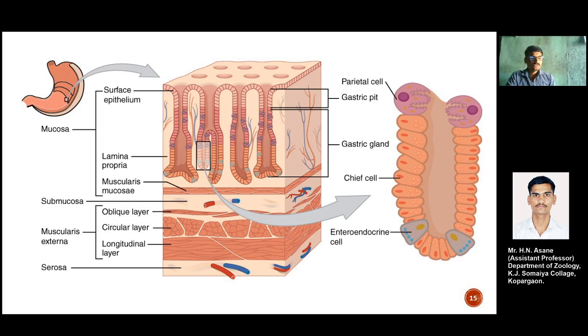So the function of the chief cells: these are the numerous cells of the gastric glands. They are large, as you can see, the larger portions. They are squarish, somewhat cuboidal or circular, pyramidal shaped cells with basal nuclei.